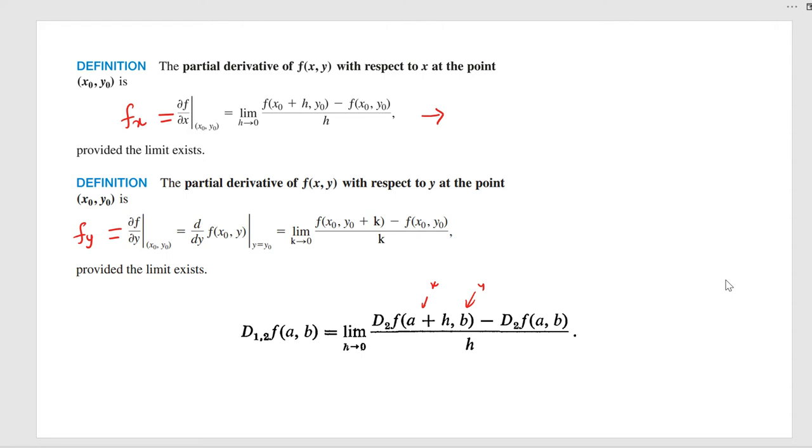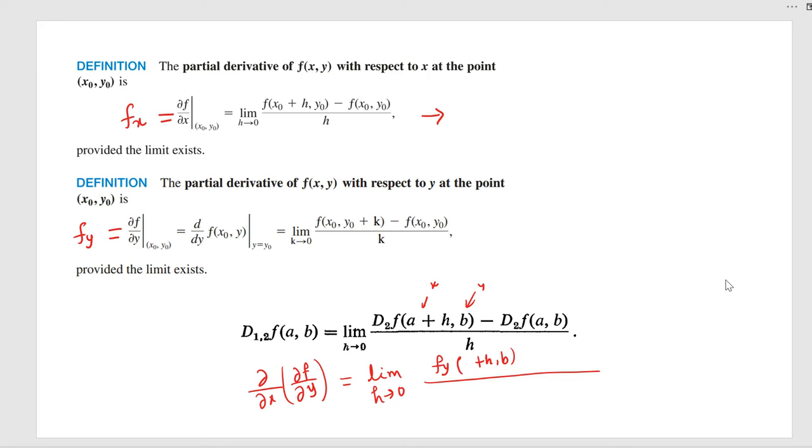So del del x of del f del y is given by the limit as h goes to 0 of f sub y of (a plus h, b). They are calculating at (a, b).